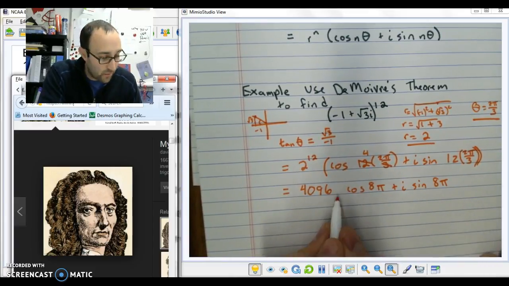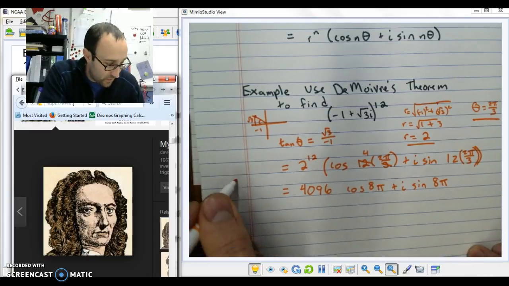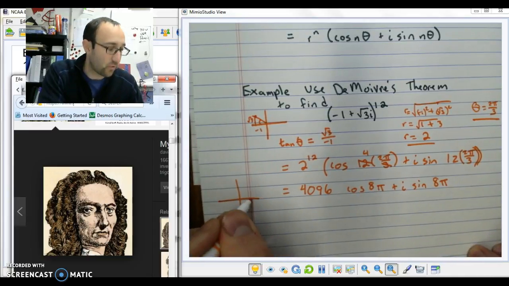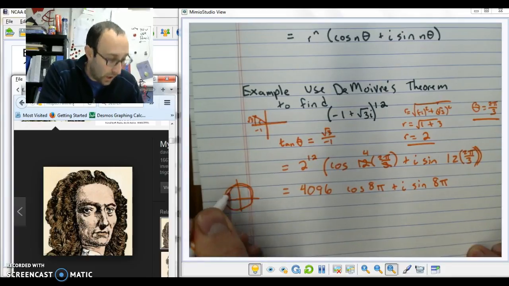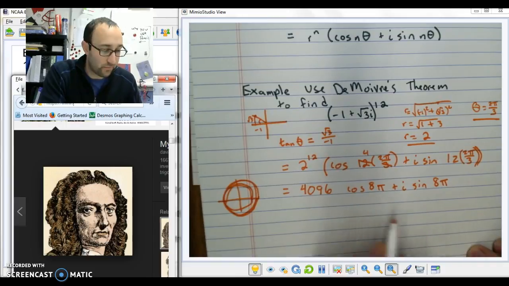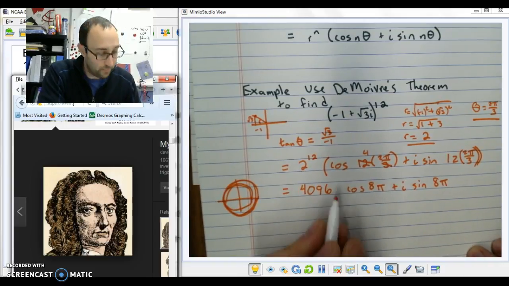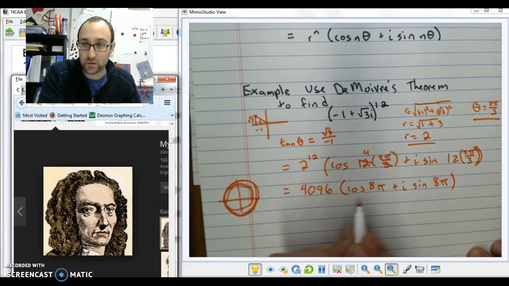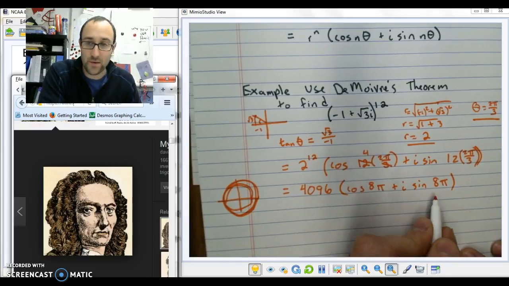If I'm talking about a circle, 2 pi is once around. So I'm going 2 pi, 4 pi, 6 pi, 8 pi, which is 4 times around the circle, ending up back at 0. So cosine 8 pi is the same as cosine of 0.